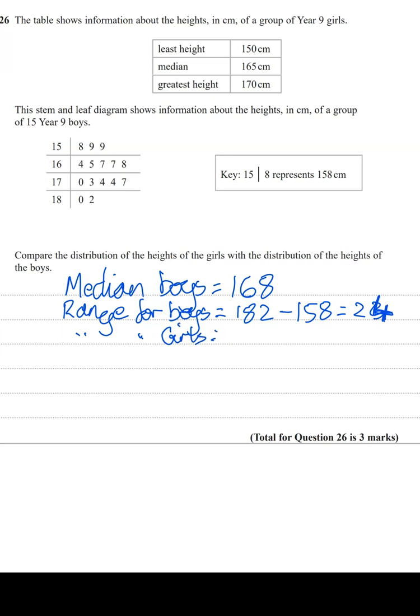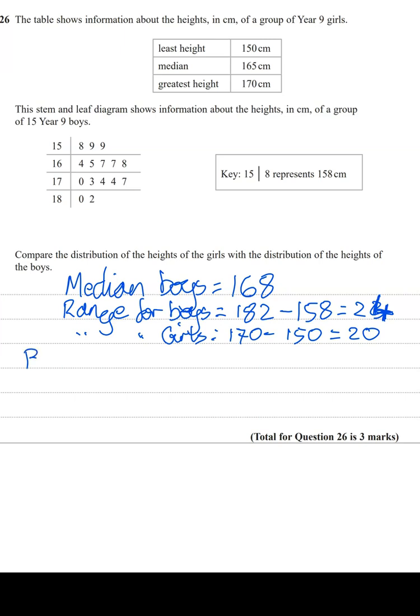So basically with these comparison questions, you need one comment about the average, one comment about the range. So the range for the girls is 170, take away 150, is 20. So now we can put the boys' average is higher, therefore boys would be generally taller.